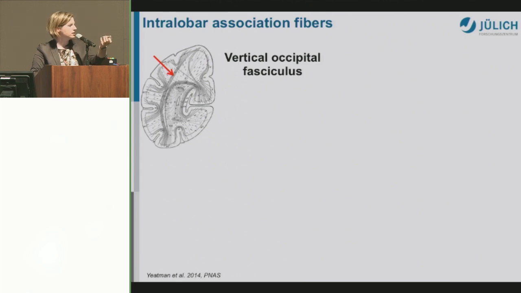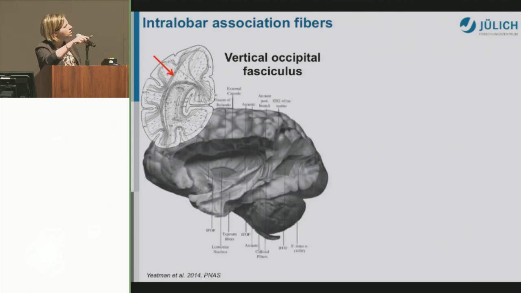And in this study that has already been mentioned by Kevin, you see a very nice depiction again of a dissection, and here in this very hind part you see a fiber bundle running from caudal to rostral, and you see another one running from dorsal to ventral. And this dorsal to ventral fiber bundle would be exactly this vertical occipital fasciculus, while this caudal to rostral one would be again the inferior longitudinal fasciculus.